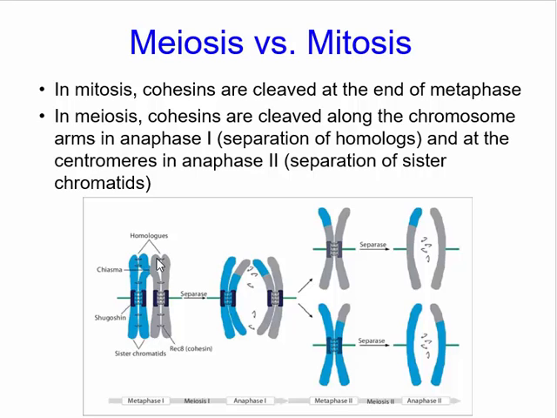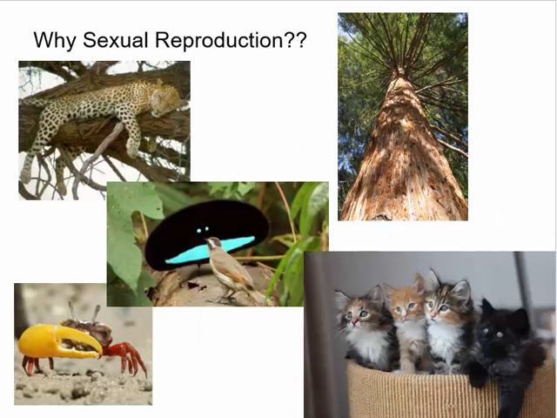So that's what we're seeing here. Here are these homologs being held together, and so they can separate now. Homologs separate, and it's not until anaphase 2 that the cohesins that hold the sister chromatids together, we see them coming apart here. Here's this enzyme separase that cleaves those cohesins, then those sister chromatids separate.